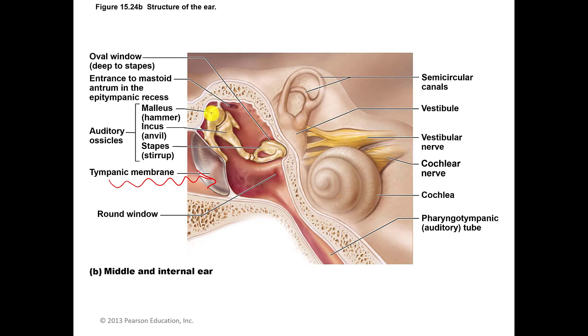These are called the malleus. This is the first one. It touches the tympanic membrane. The incus is the second one in the series. And the third one, it looks kind of like a horseshoe, is called the stapes. And those sound waves are going to actually cause those bones to vibrate, okay, from the malleus, the incus, and the stapes.